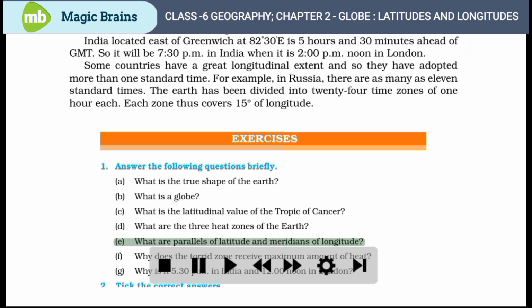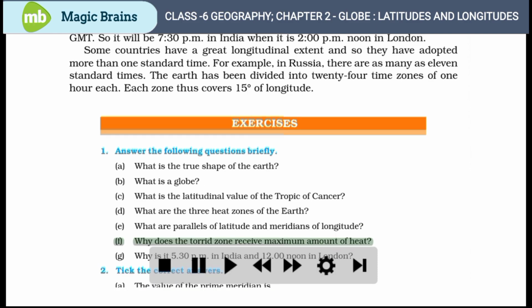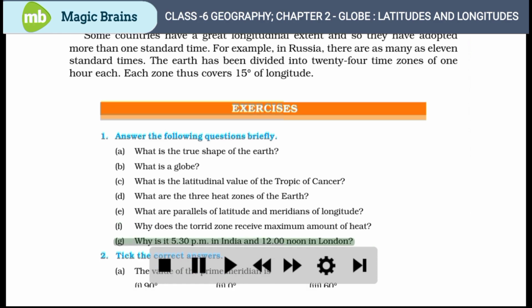E. What are parallels of latitude and meridians of longitude? F. Why does the torrid zone receive maximum amount of heat? G. Why is it 5:30 p.m. in India and 12 noon in London?